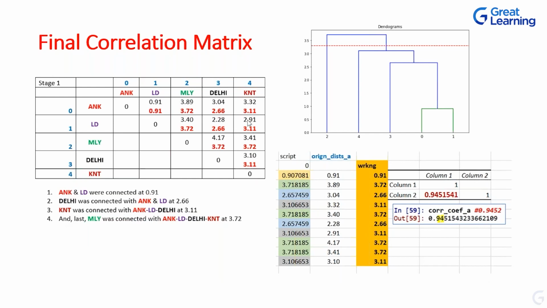Karnataka versus Lakshadweep, 3.11 is to be written. And last, Karnataka versus Delhi, 3.11 is to be written. And the last was Meghalaya, which was connected to all these three states at 3.72.